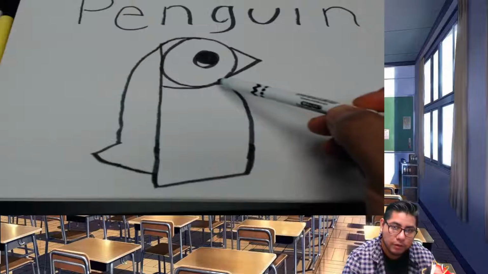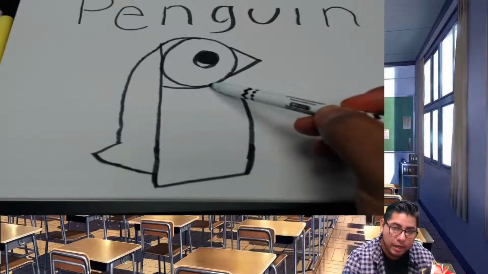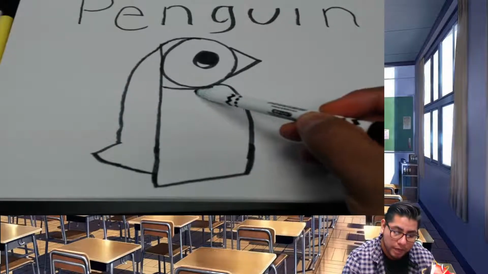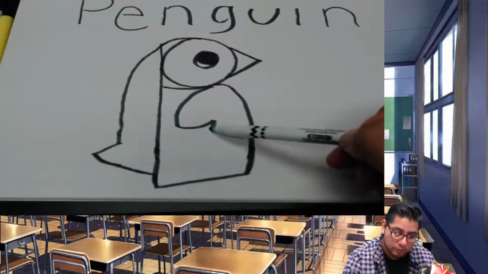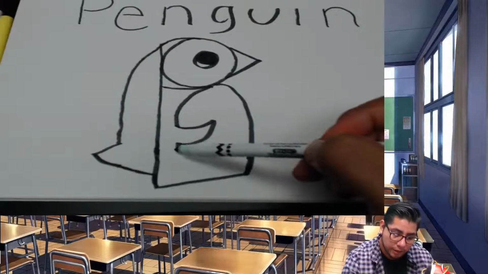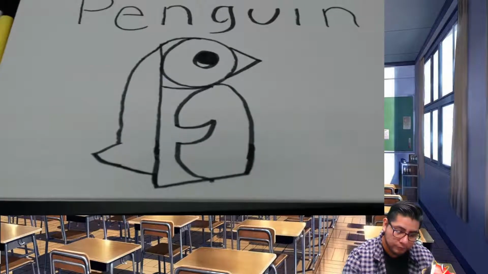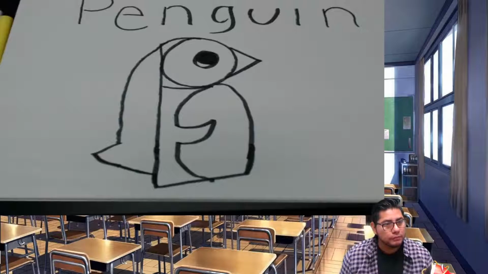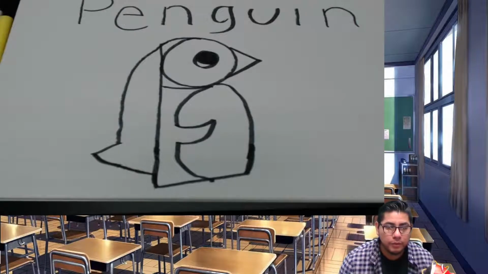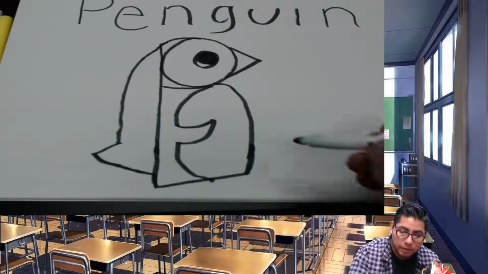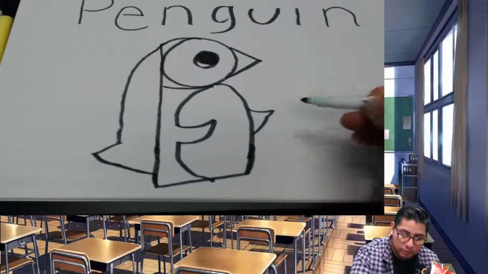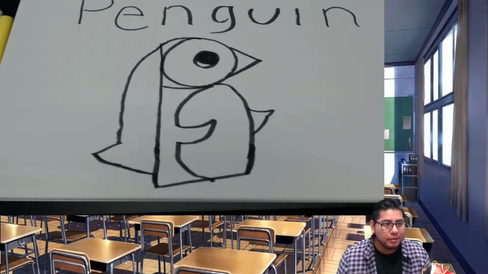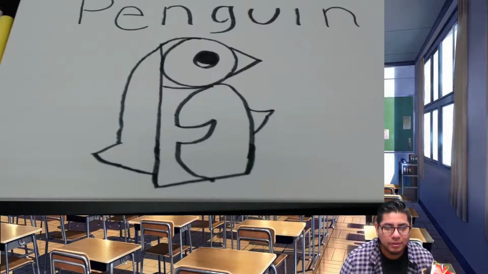From the bottom of the head, we are going to go down one, then make a little triangle, and continue going down. So that's the penguin's arm, and to make the other arm on the other side, all we do is make a little triangle. Oh no, my arm on the other side looks like it's a little chubbier.